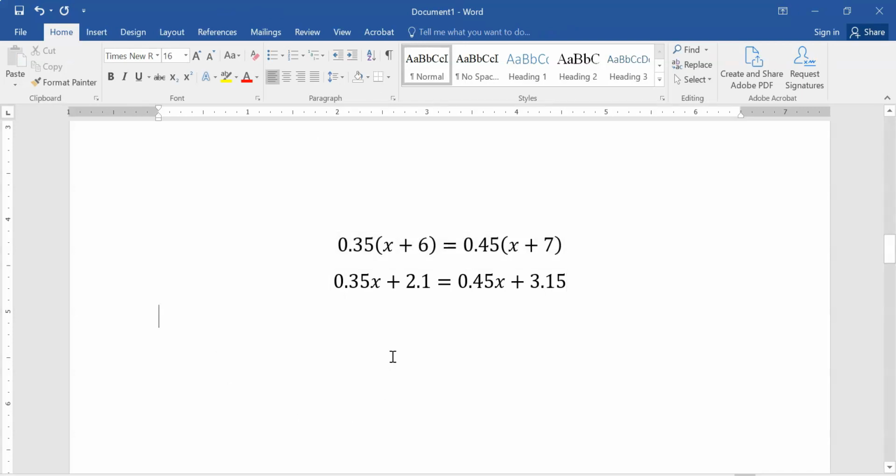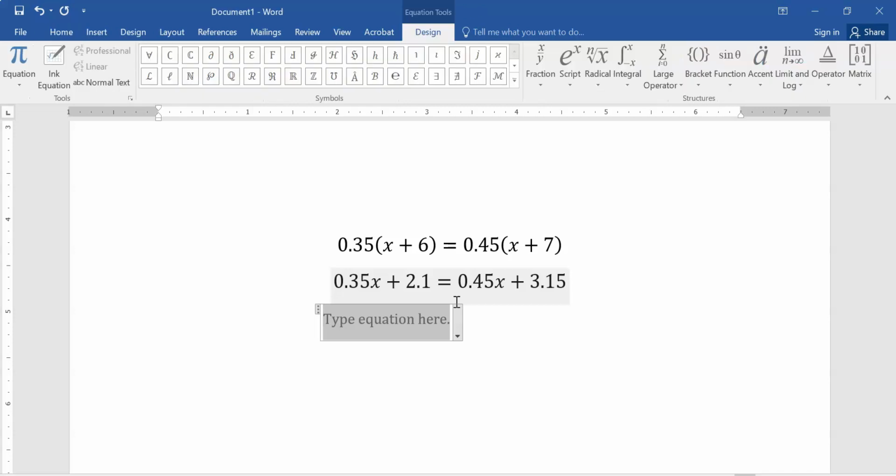Nothing interesting there. Now, what we're going to do, same as always, get rid of terms with variables on one side, terms with constants to the other. What do we want to do? Well, you can do either way. So far, I've been getting rid of the terms with the variables from the right-hand side.